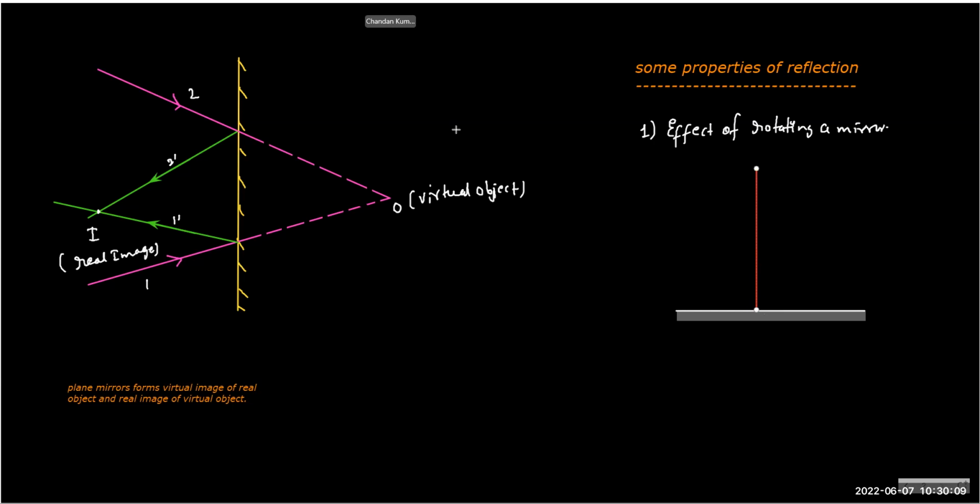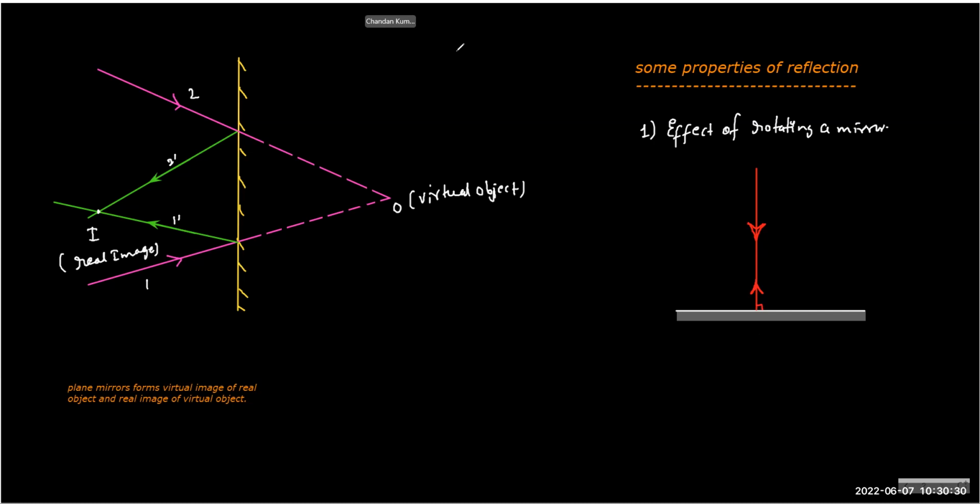I'm taking this intentionally so that if the light ray is coming this way, then after reflection it will go back like this. Okay.